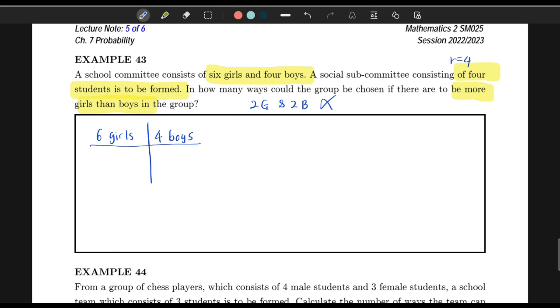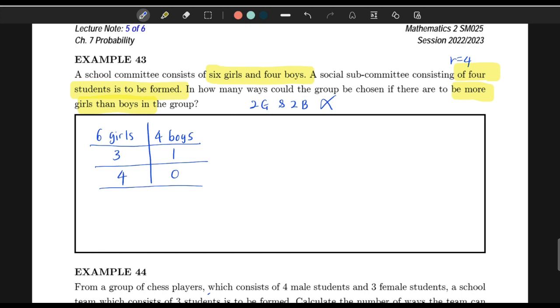Okay, so from 6 girls, we can choose 3 girls or 4 girls. Since we chose 3 girls, the remaining, only 1 boy we can choose. And if we choose 4 girls, no boys we can choose to form a committee.